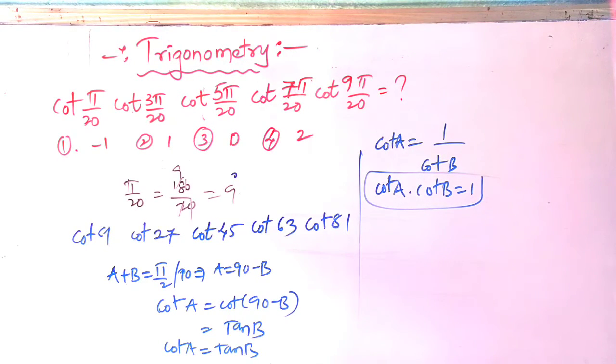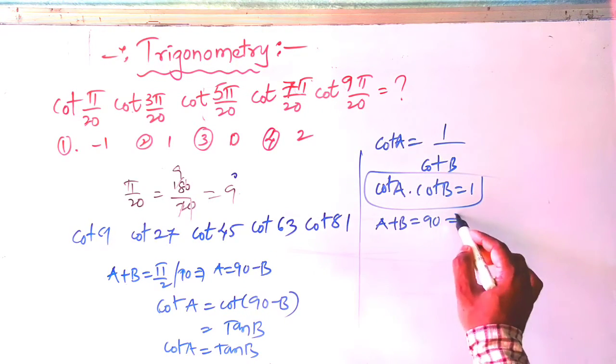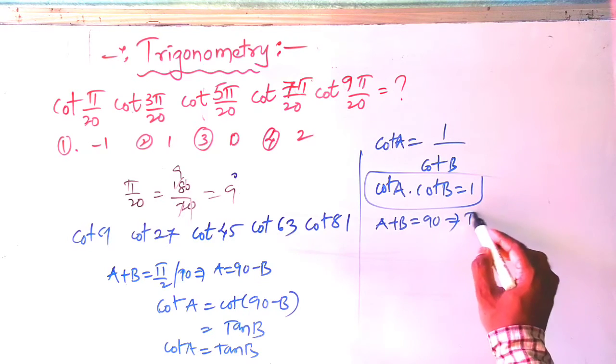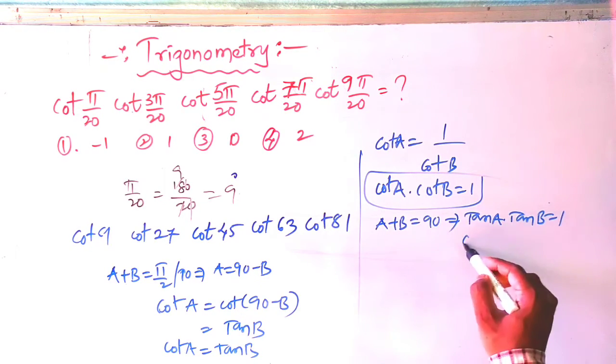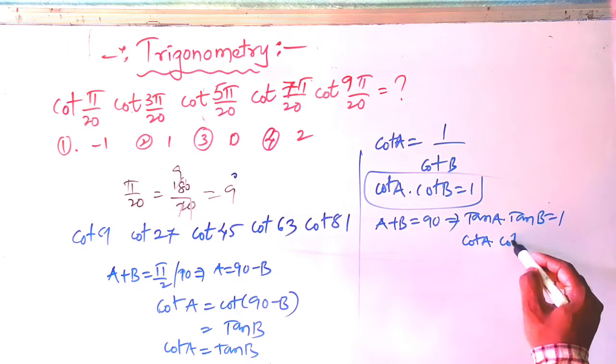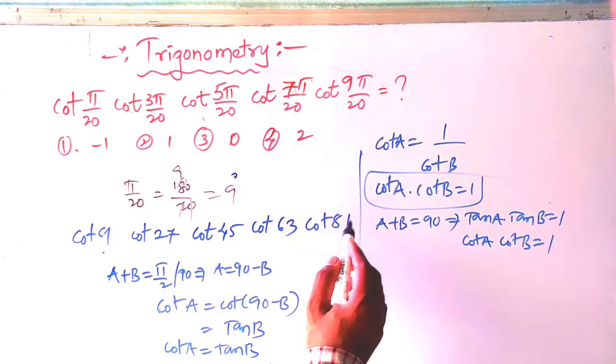Observe this one here: A plus B equals 90 degrees implies tan A into tan B equals 1, as well as cot A into cot B also equals 1. Okay, so now here 9 degrees, 81 degrees.